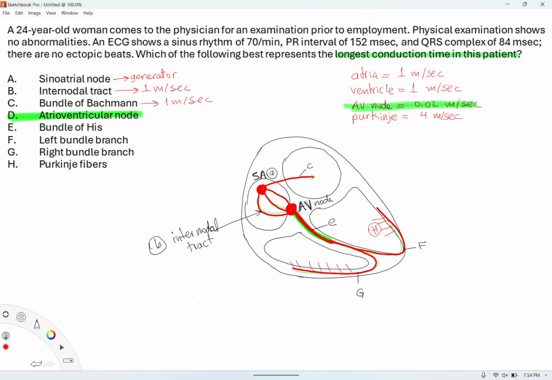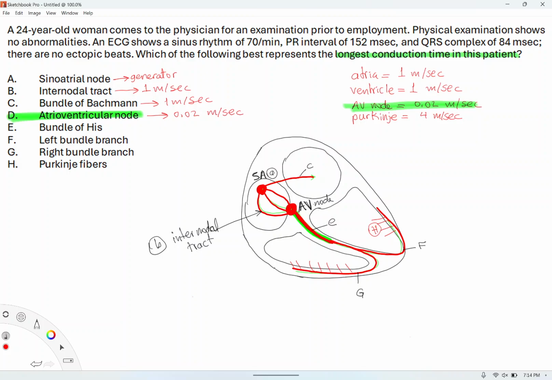Okay. In the AV node, it travels about 0.02. It's actually 0.01 to 0.05. I chose 0.02 because it's in the middle. Meters per second. The reason electric impulses in the AV node are so slow is that when the impulse from the atria comes to the AV node, it delays the impulse. It puts a stop to it.